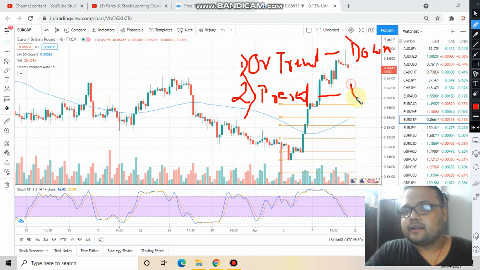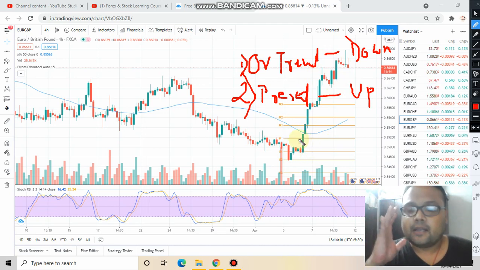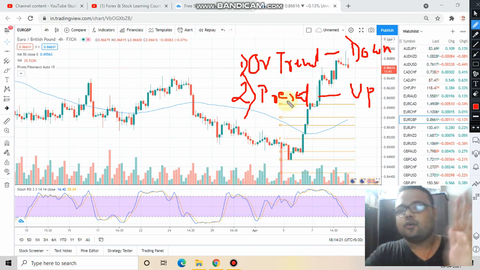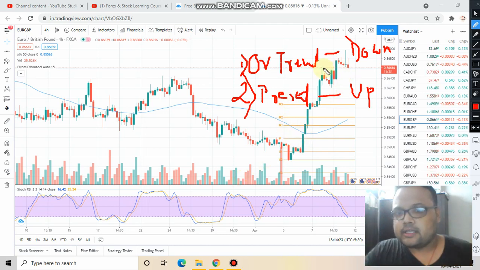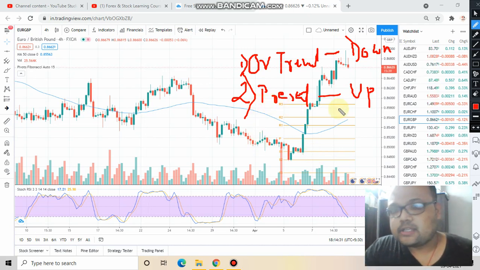What is the present trend? Very much bullish. Just look at the size of these present candles, then you'll understand the buying pressure. If you keep aside the overall picture and just concentrate on these particular candles, then you'll understand how bulls are trying their best to take the market upward. So the present trend is towards the upside.